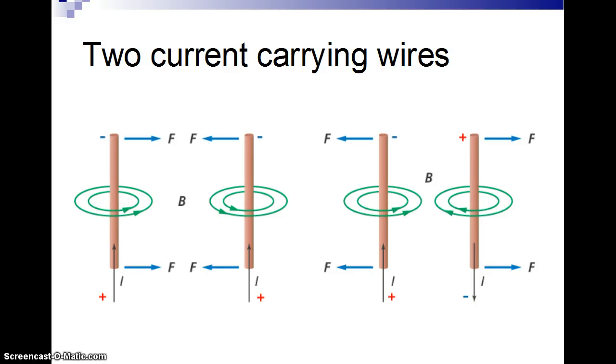If they're going in the same direction, because of the direction of the magnetic field and the direction of the force, they're going to attract. And if they're in opposite directions, they repel. You can actually hear this if you've ever had an MRI. It makes a lot of noise as the current's ramping up, those wires are basically contracting, and then there's the opposite effect for the magnetic field.